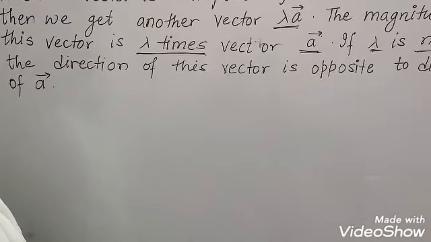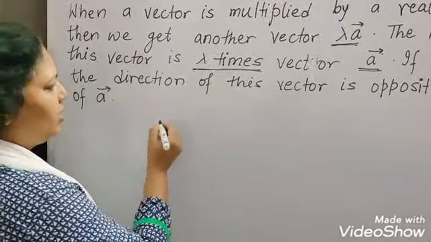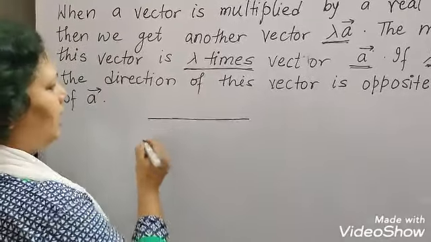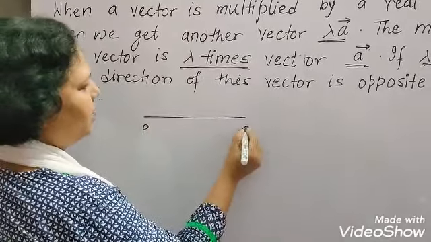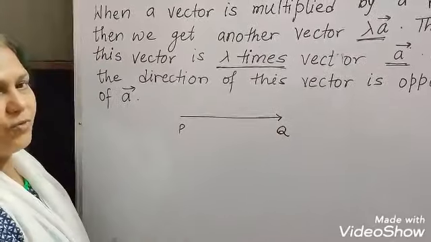Already we have discussed this point, but once again you will see here, suppose a vector is represented with this line, the line is PQ, and the direction of the vector is in this way.